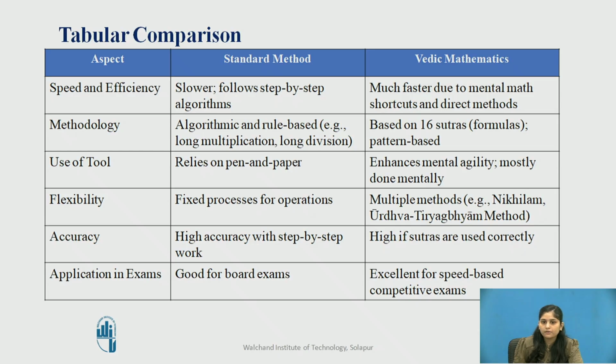For example, to perform multiplication, we can use the Nikhilam Sutra, and the Urdhva Tribhagyam method is also near to the best method. In terms of accuracy, the standard method gives high accuracy with step-by-step work, whereas Vedic mathematics also gives high accuracy if a sutra is used correctly. The applications of standard methods are for board exams, whereas Vedic mathematics is excellent for speed-based competitive exams.